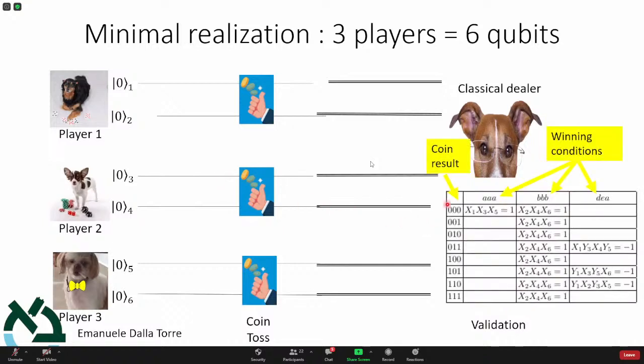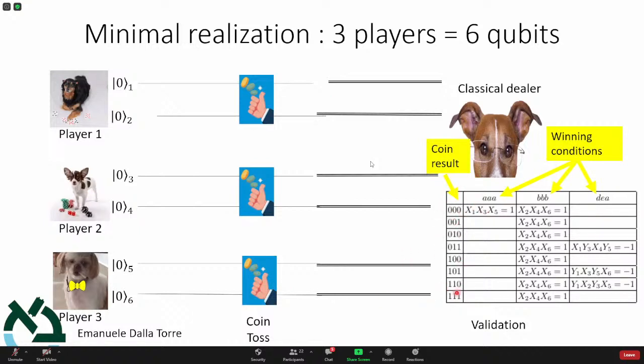So this is the table of this specific game. There is nothing very crazy about this. These are just the rules that were set by this game. You can change them, but these are nice rules. First of all, what you see are 8 rows, 8 lines, and the 8 lines refer to the 8 possible outcomes of the coins, say 0, 0, 0 if all 3 players get 0.